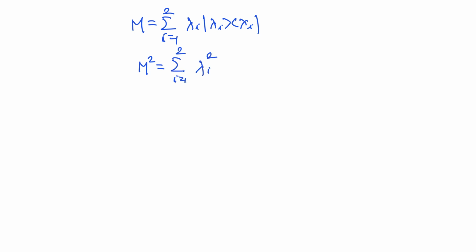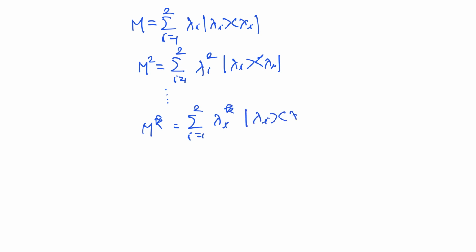So M squared is the sum of lambda I squared times the outer products, and so on, M to the k. Then we can also represent some function of a matrix.